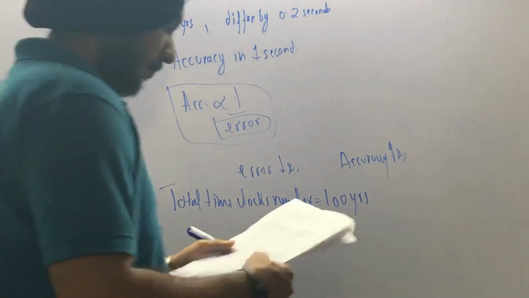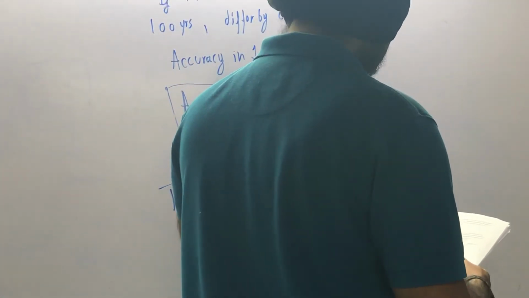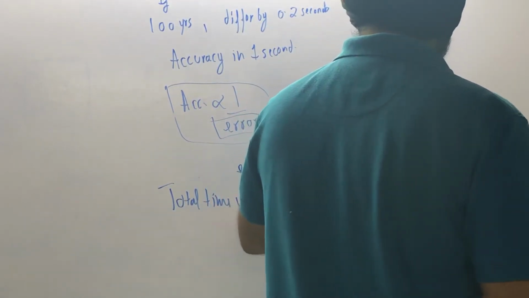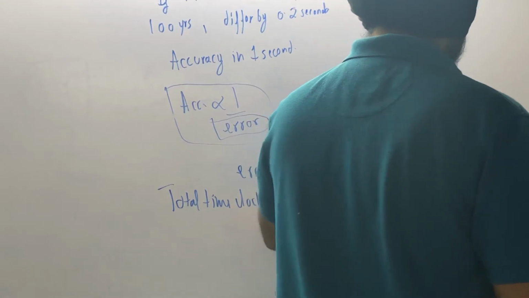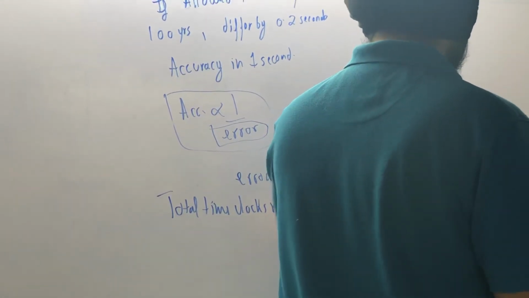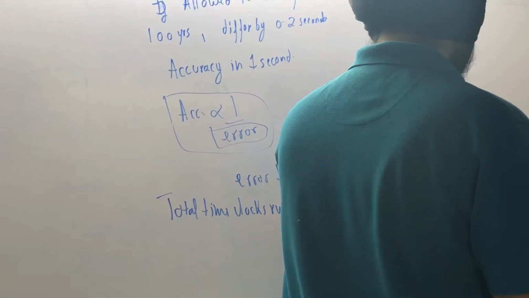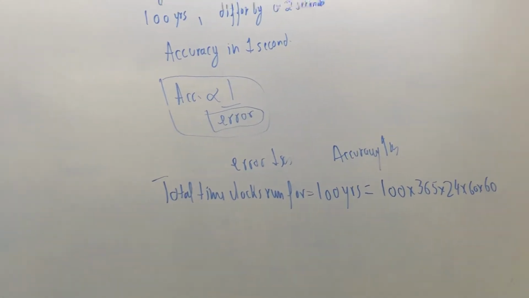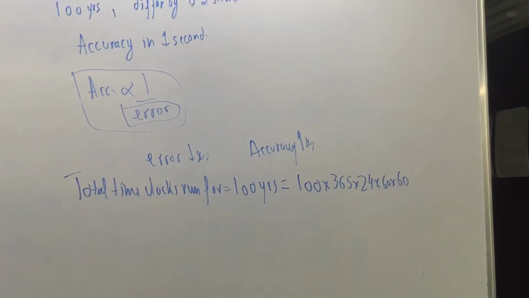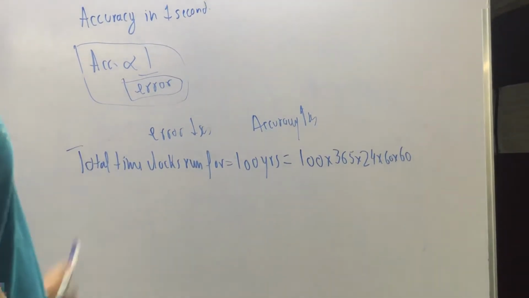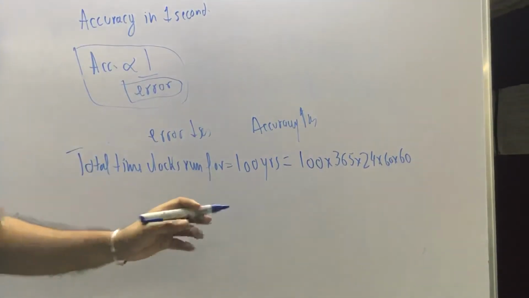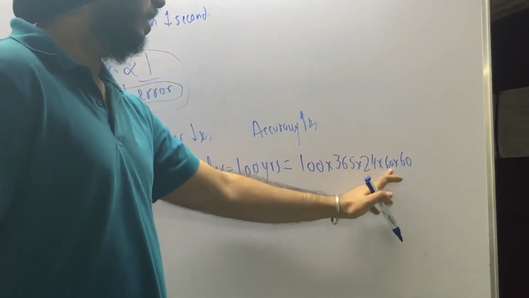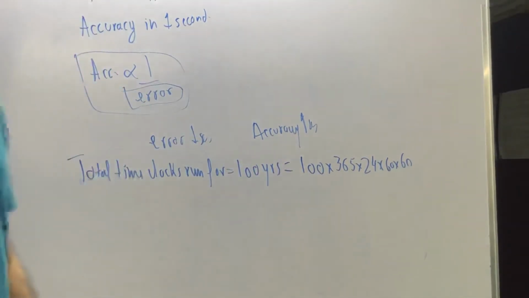So this will be 100 into 365 into 24 into 60 into 60. Here 100 into 365 is the number of days, 24 is the number of hours in a day, 60 converts it into minutes, and another 60 converts it into seconds.